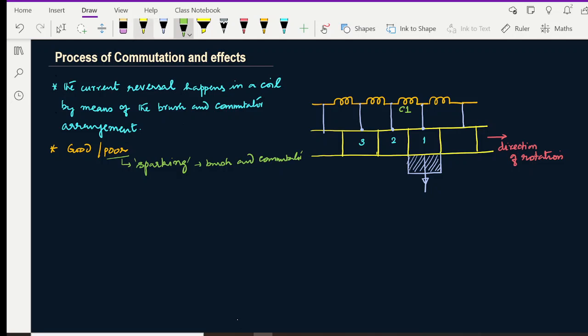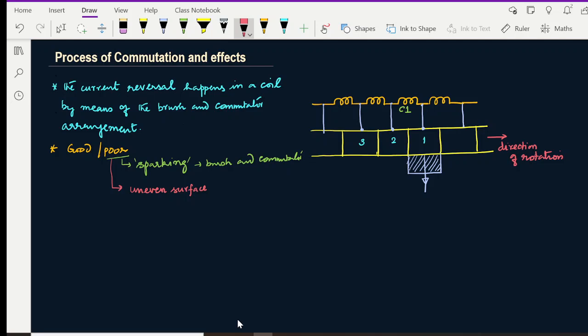So you may wonder what causes such a poor commutation. What could be the reasons? There is a chance of an uneven surface. If there is an uneven surface of the commutator, naturally there is a chance of sparking.